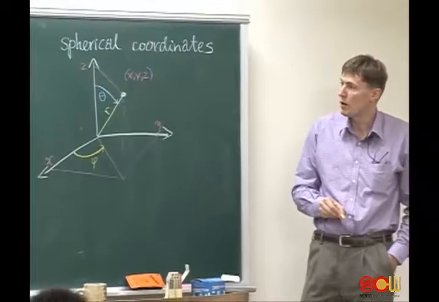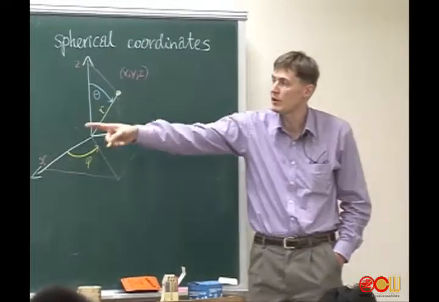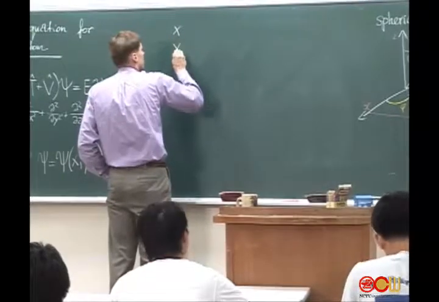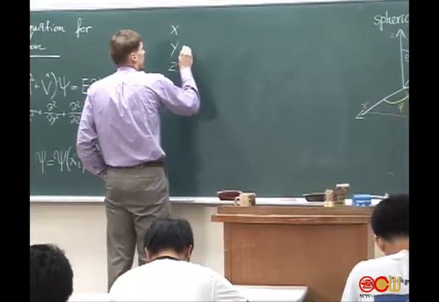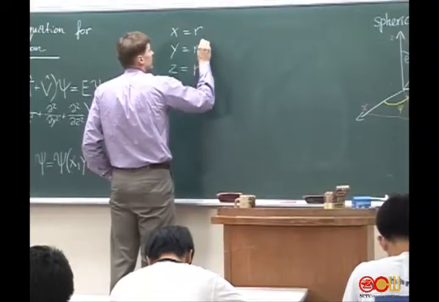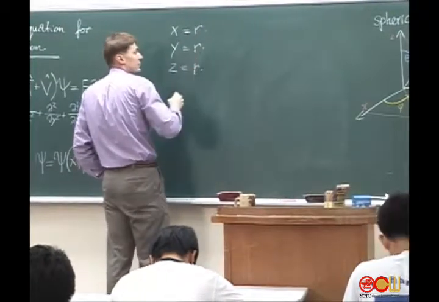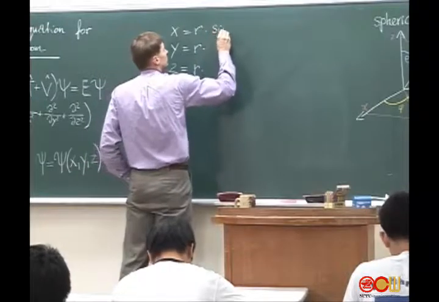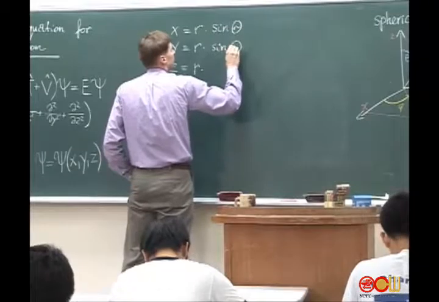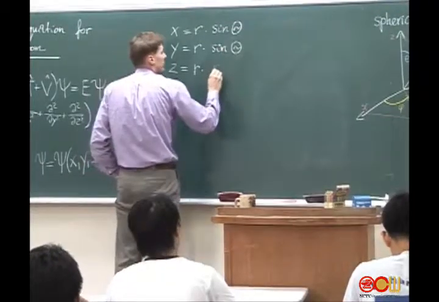So now we need a way of changing coordinates from Cartesian to these coordinates so that we can transform our equation in the proper symmetry. Well, it's very easy to find that x, y, and z are given by r times... In the case of x, y, it would be sine theta. In the case of z, it will be cosine theta.